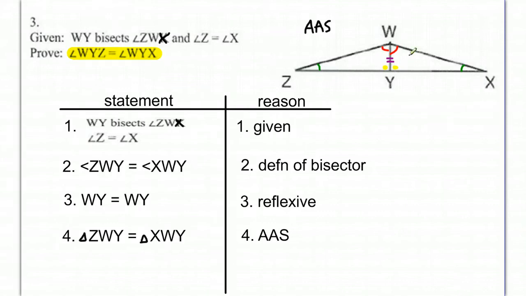And we can see that here because WYZ, first or second, third, and then back to first, is equal to WYX. And as long as you do the corresponding parts in the right order of these two congruent triangles, you can say that those two angles are in fact equal to each other.